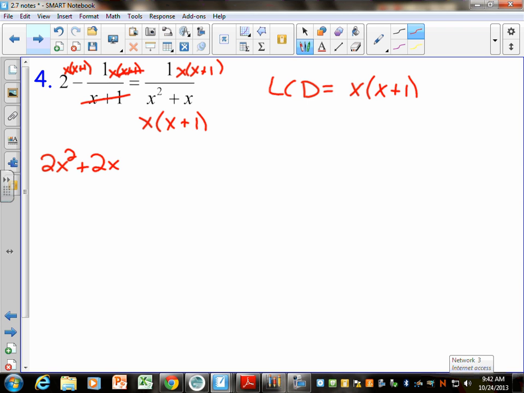This one, my x plus 1's cancel out, so I just get minus 1x equals, this whole thing cancels out, and I think I just get 1 over there. You with me on that? So is that 2x squared plus x minus 1?